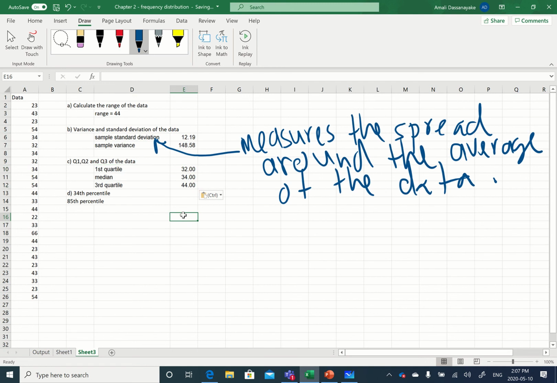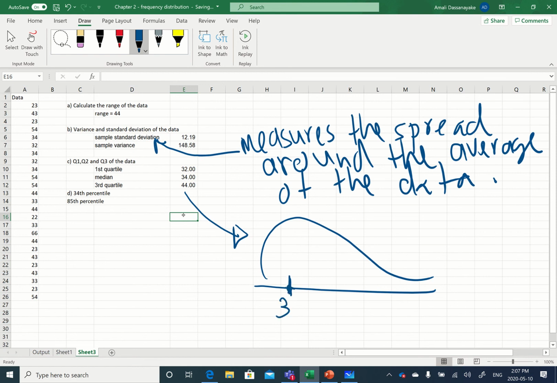Okay, so if you just imagine the picture, without actually mean, median, and mode, we cannot predict the shape of the data set, but you have to get the idea clear. So if you just imagine a random shape for this data set, something like this. First quartile somewhere here on the x-axis. These numbers are on the x-axis. 32, this is Q1.